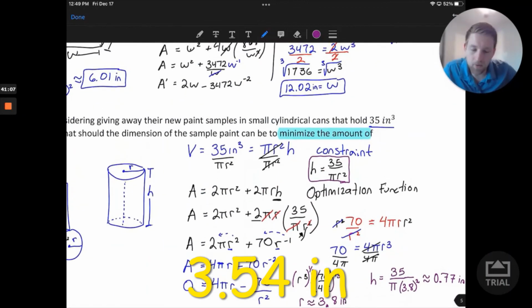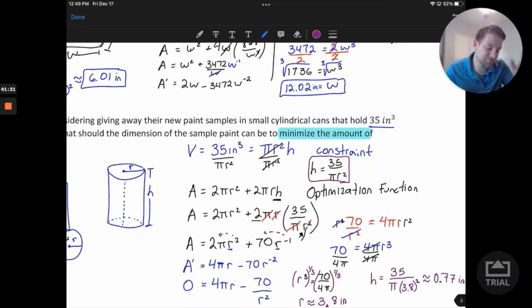Now, the question is, is this answer plausible, that we would have a cylinder with a 3.8-inch radius and then only a height of 0.77? Well, that's an interesting question. I don't necessarily think that would be practical in terms of the actual use of space.